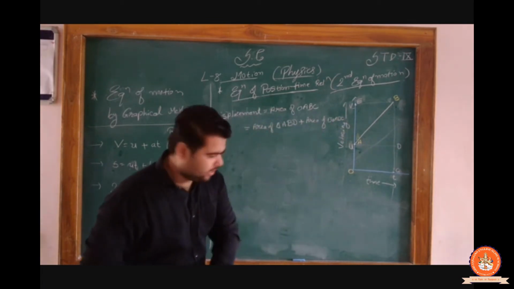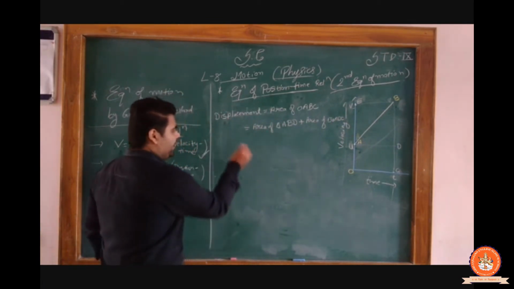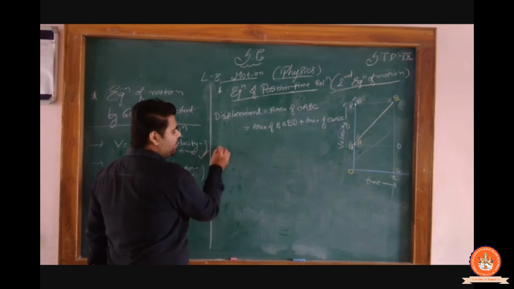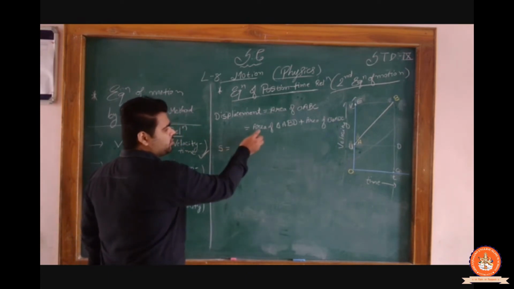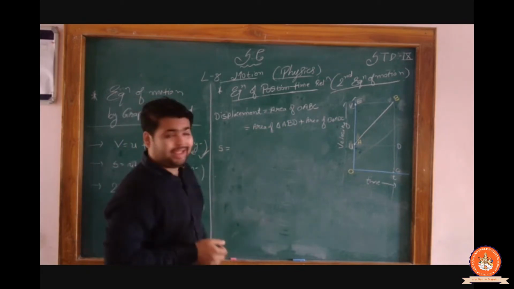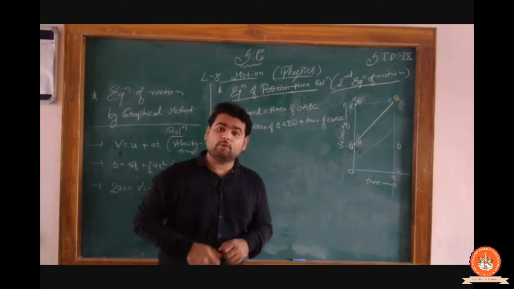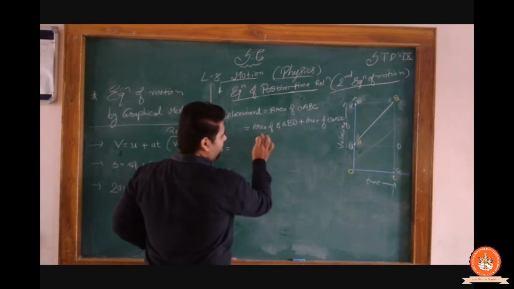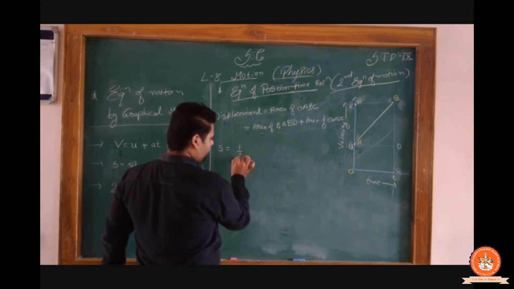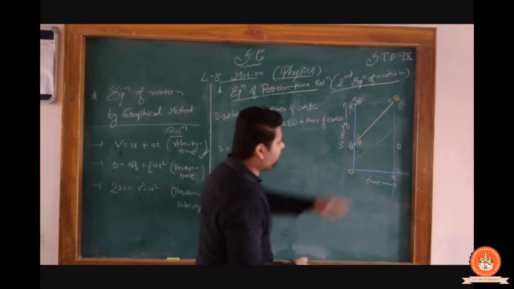Clear, bachawade? Now, as we know, displacement can be indicated as s, equals the area of a triangle, and the area of a triangle is half base into altitude. So it's 1/2.